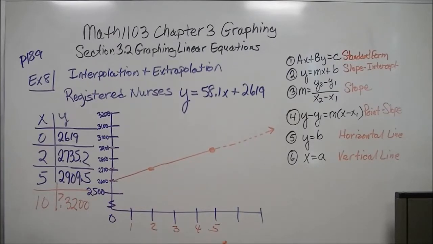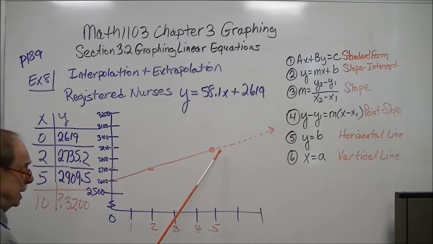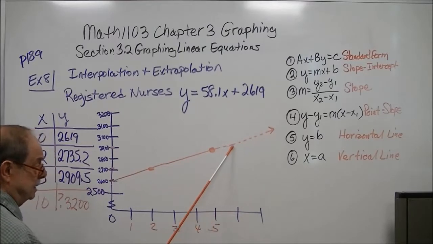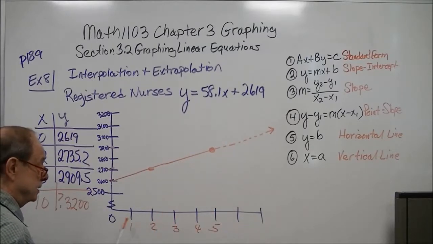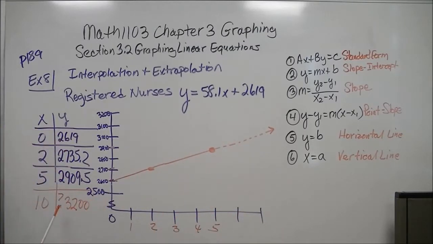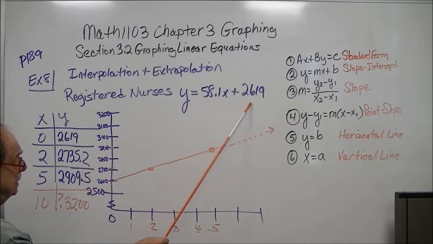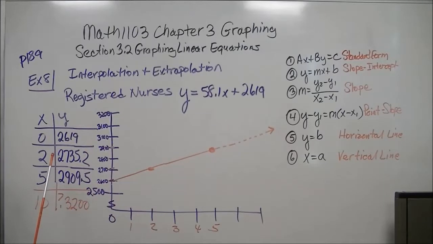But suppose we want to predict. Now, when we predict, it's going beyond our known data. But if that trend continues, we can indicate it with a dotted line, as I have here. And if they want to know it 10 years from this, we would put a 10 where X is, add these together, and then we end up with 32,000.